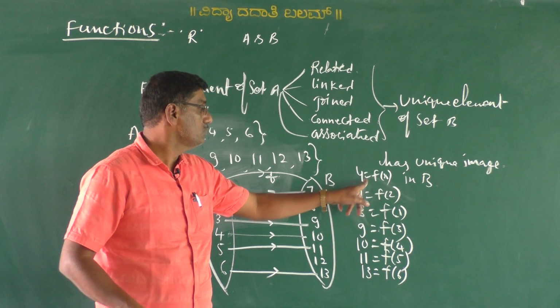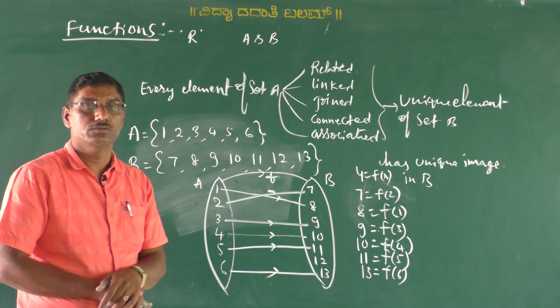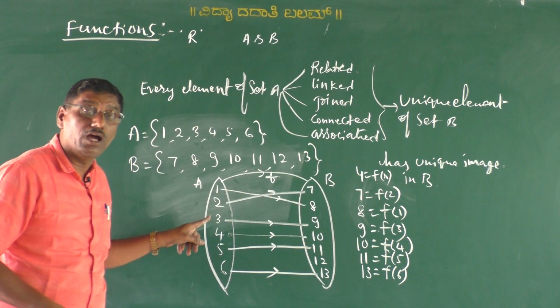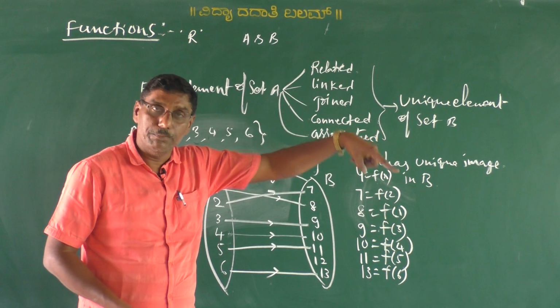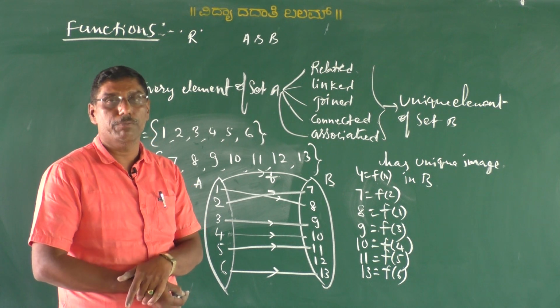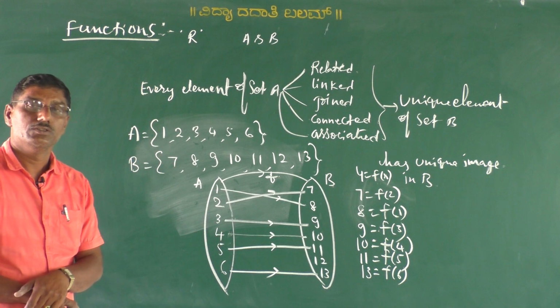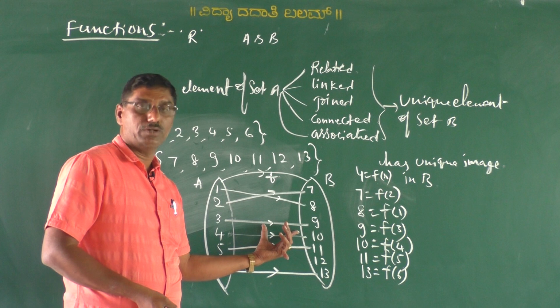See here, this is y is equal to f of x, the general representation of a function. For every element x belonging to set A, there exists a y in set B, then we can express the general representation of a function as y is equal to f of x. Now from this example, this is called a function.